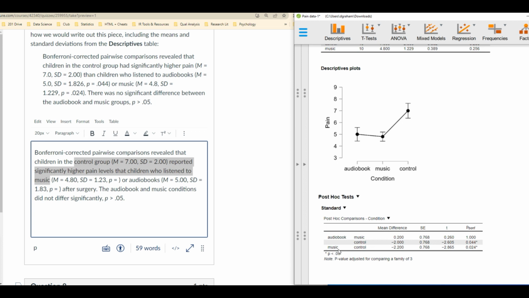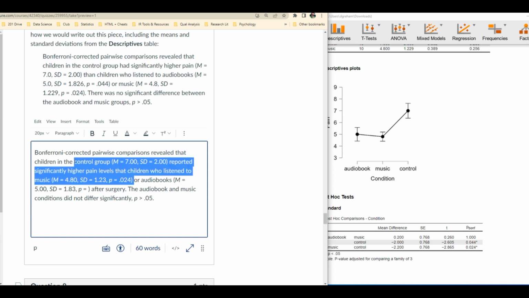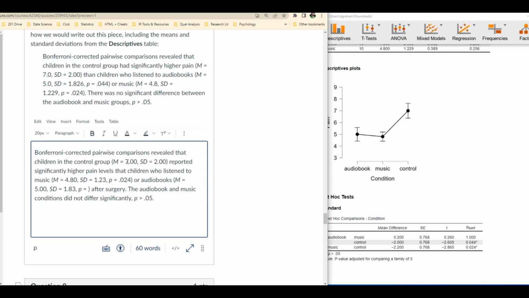Make sure you're looking at the right one that matches what you're saying. Music versus control, my p-value is 0.024. So I'm going to put in 0.024 right there. So now I know my music group compared to my control group, music was significantly lower. Control was significantly higher. And that's my p-value. And those are my means, so I can see that difference.